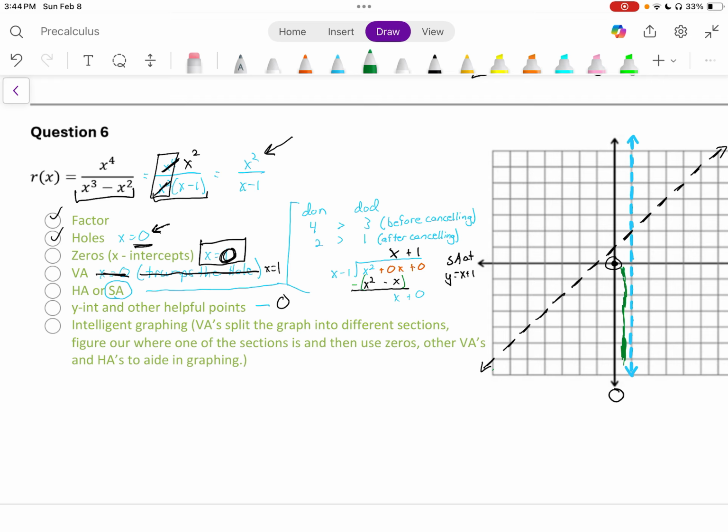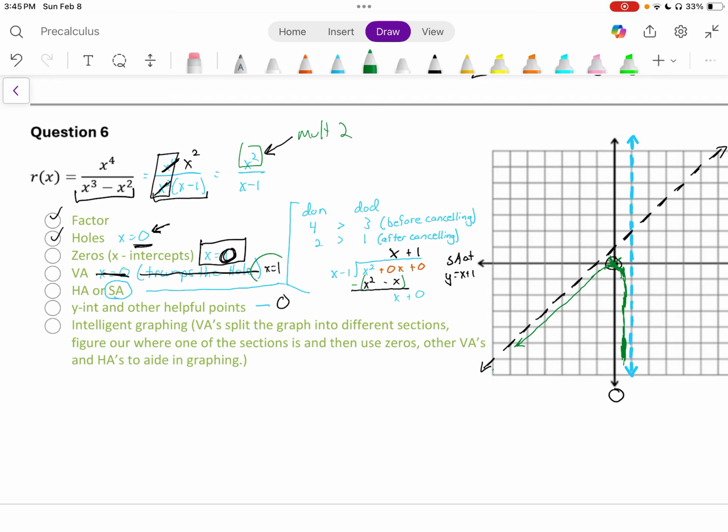It would hit this 0, which I didn't write, which is really bad. This 0 here is multiplicity 2. So this should have had an x here. And so it has to hit that. It bounces and goes back down toward the slant asymptote.